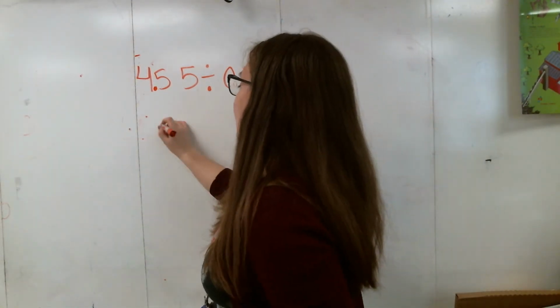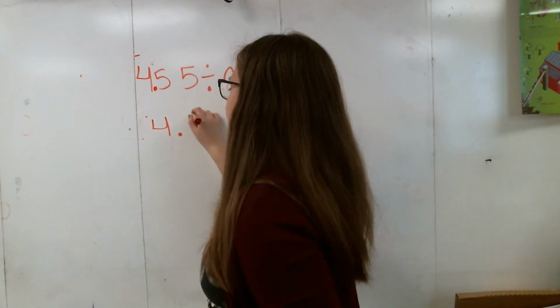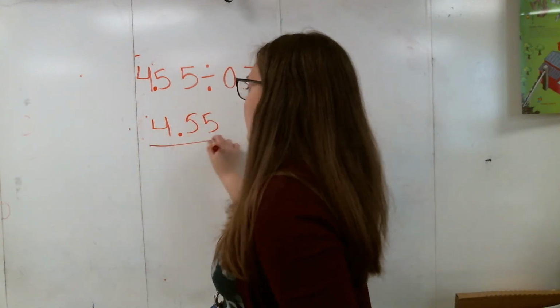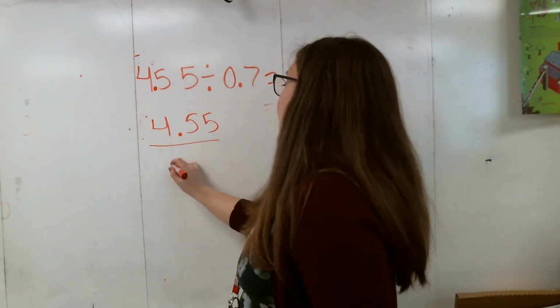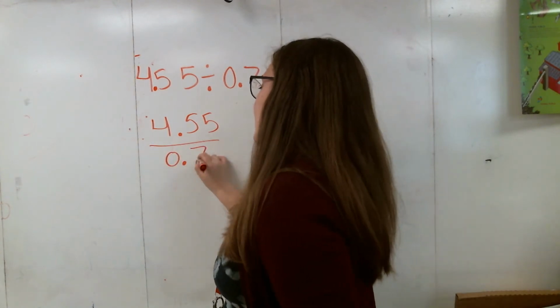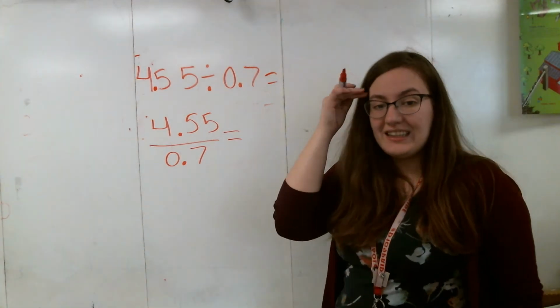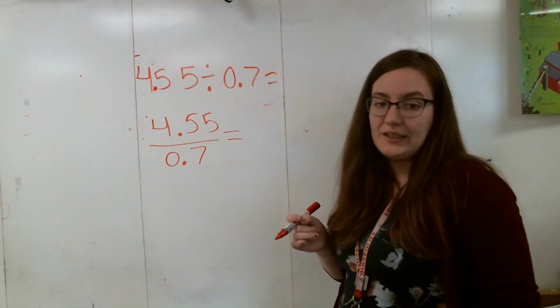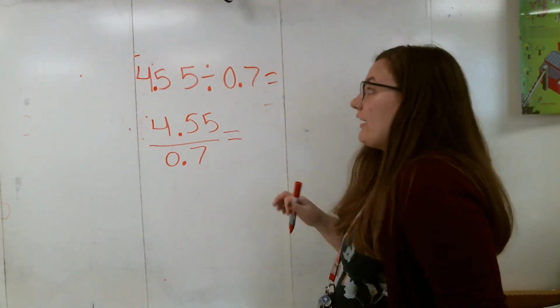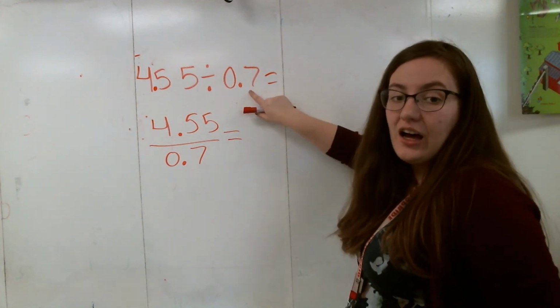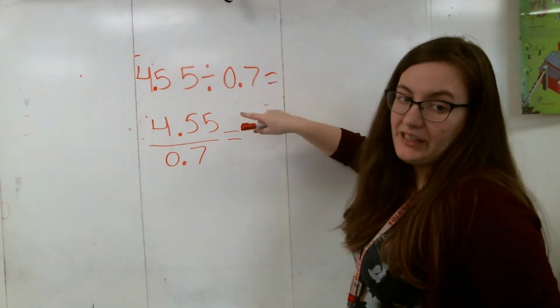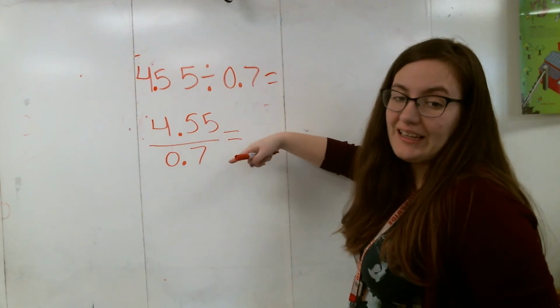So again, I'm going to set up my fraction, except this time I have 4.55. And then I'm going to rewrite this as 0.7 on the bottom. And remember, right now, I'm just thinking about how my decimals are supposed to be moving around. So if I'm dividing by a number that goes into the tens place, then that means I'm just multiplying both of these by 10.